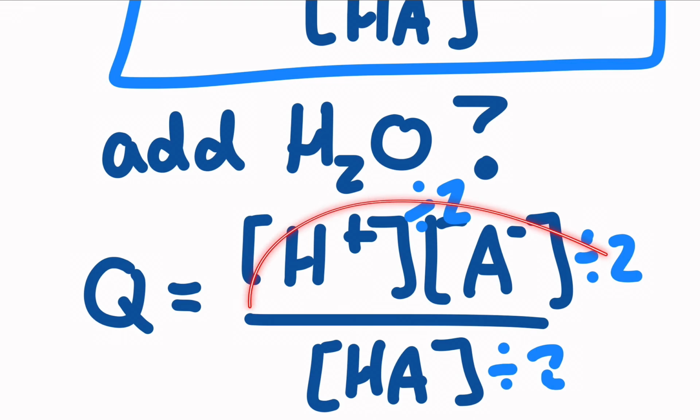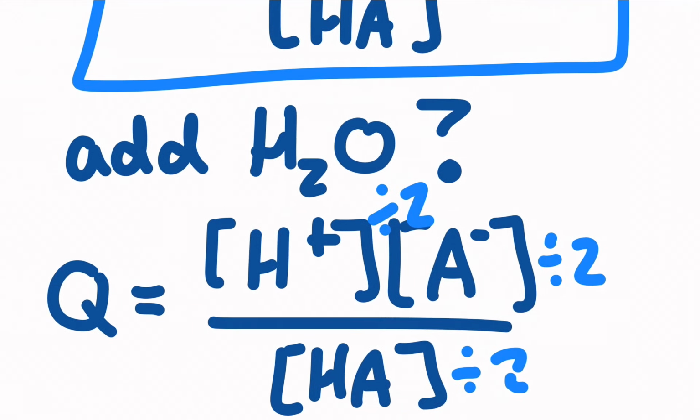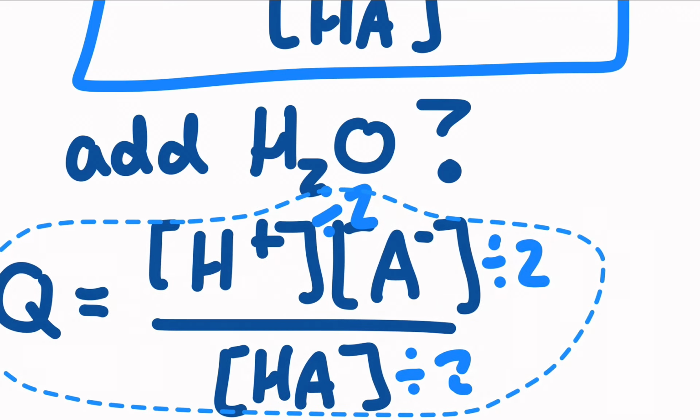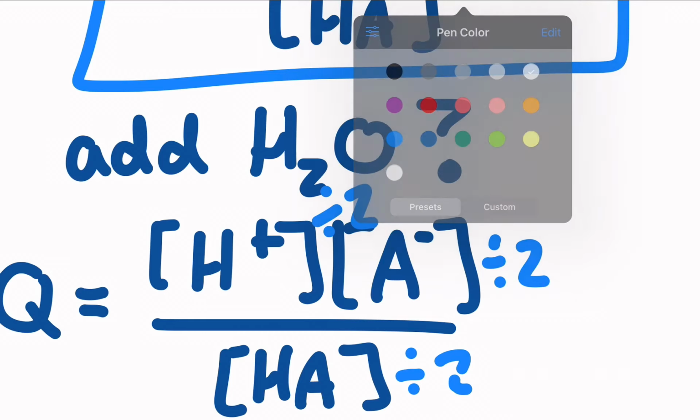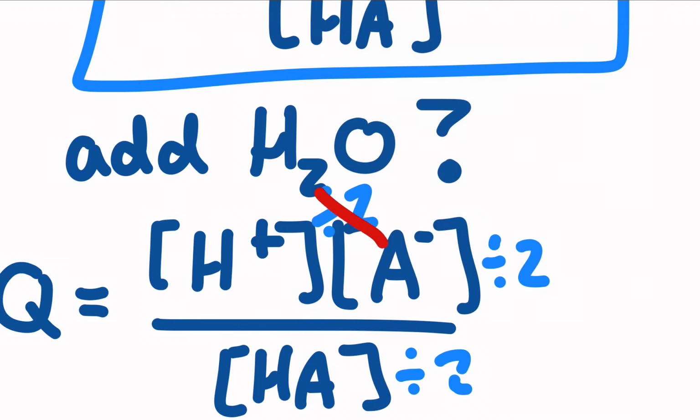So every molarity decreases. That means that the Q, if I simplify this, which you can, we could get rid of some of these divide by 2's, like those two. That means the Q is all of a sudden smaller than K.